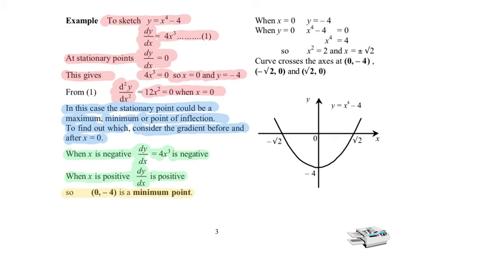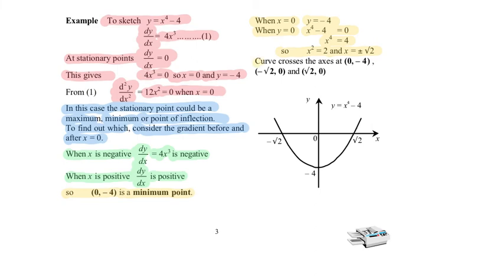Now we need to find the points where it crosses both axes. So when x is 0, y is minus 4. When y is 0, x to the power of 4 minus 4 is equal to 0. That means x to the power of 4 is equal to 4. So x squared is equal to 2, giving x is equal to plus or minus the square root of 2.